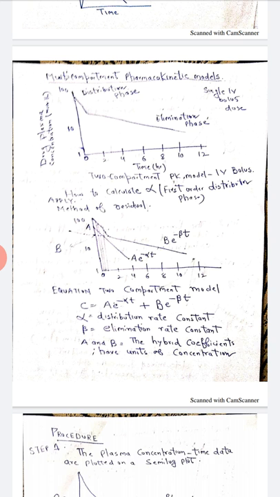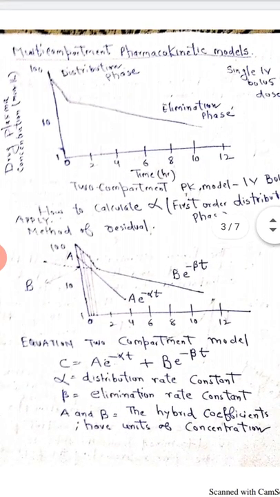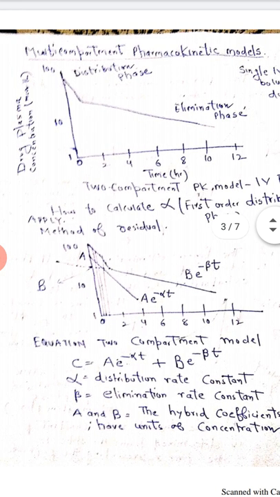In this graph on the screen, you can see the PK profile of the 2 compartment model, IV bolus. In this graph, you can see a bi-exponential curve. Why is it bi-exponential? Because there are 2 exponents.